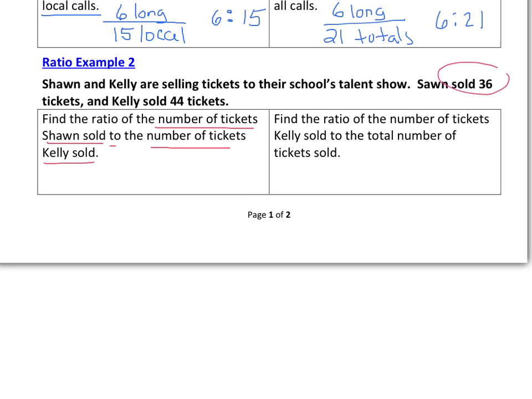Sean sold 36, so we would put 36 in the numerator. And how many did Kelly sell? 44. So we can write that as 36 to 44.